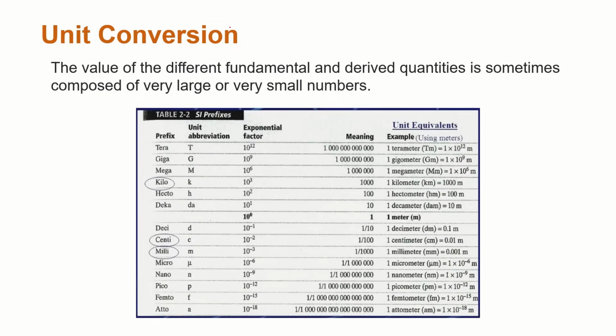Just take note of the prefix to be used, the corresponding prefix that describes this exponential factor, and of course this unit equivalent.